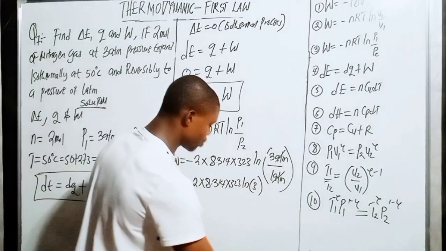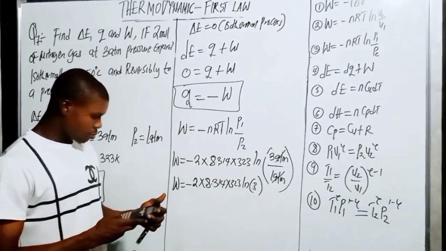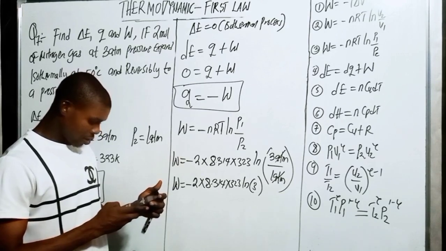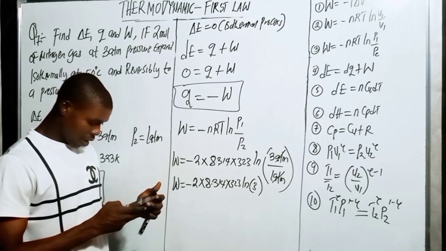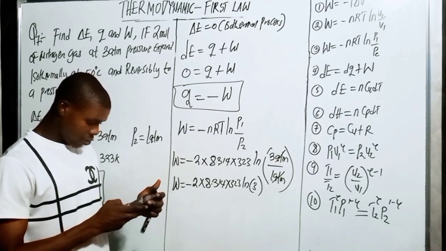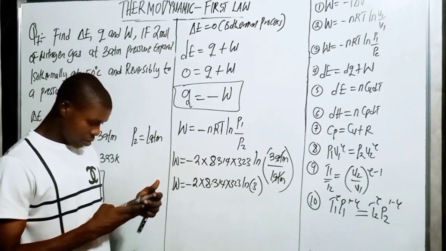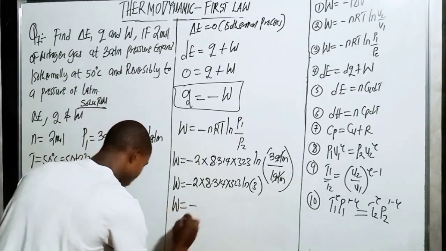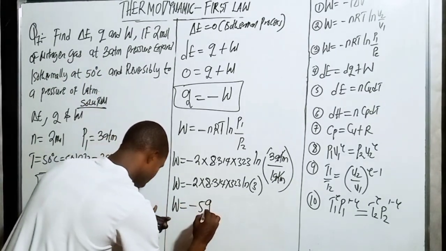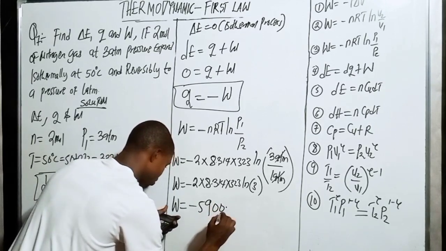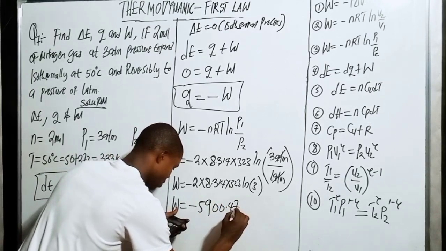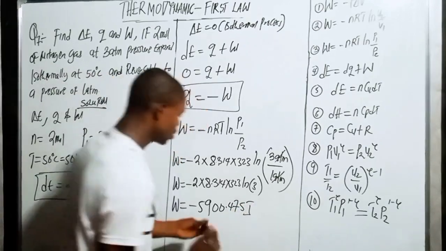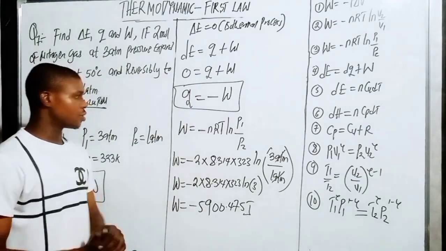So let me bring out the calculator here. Minus 2 times 8.314 times 323 times ln 3. So you have W here equals minus 5900.475 joules, right? So that is my work done.